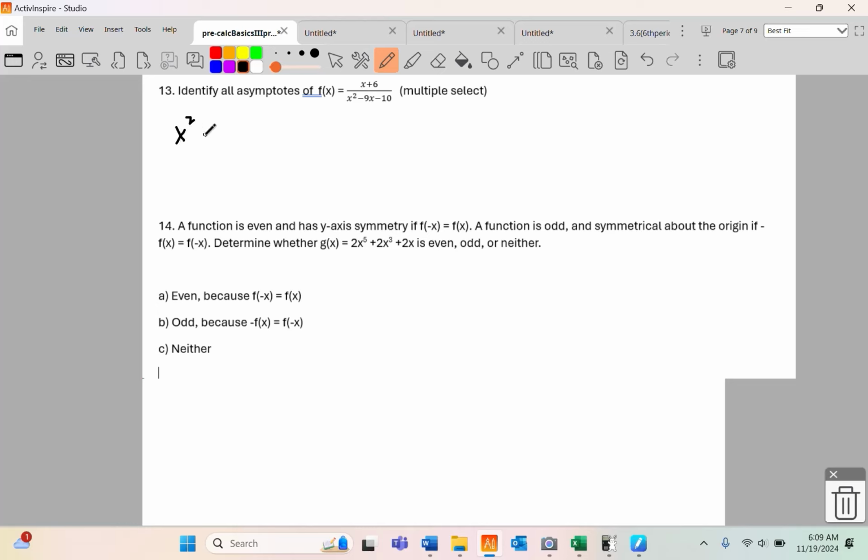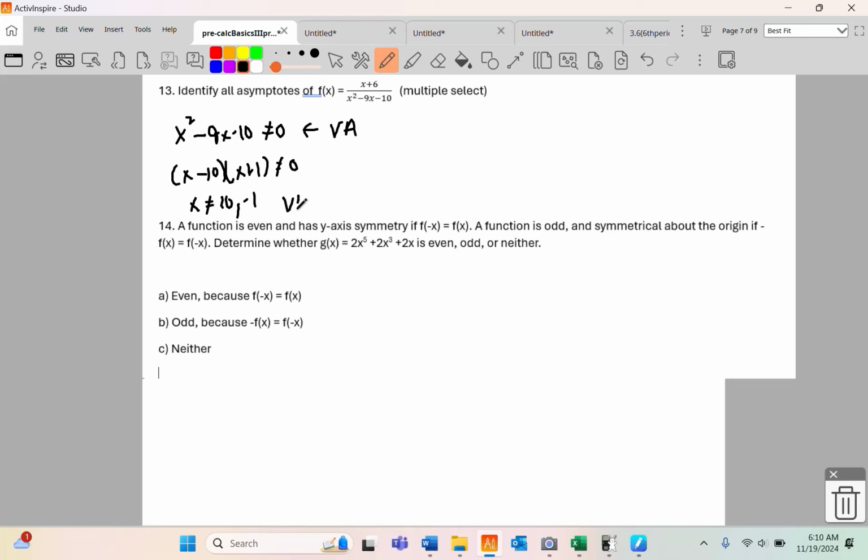So I know that x squared minus 9x minus 10 cannot be 0. This is where your vertical asymptotes are going to be. We're just going to factor. What, negative 10 and positive 1? Negative 10 times 1 is negative 10. Negative 10 plus 1 is negative 9. Still not 0. So x is not 10 or negative 1.